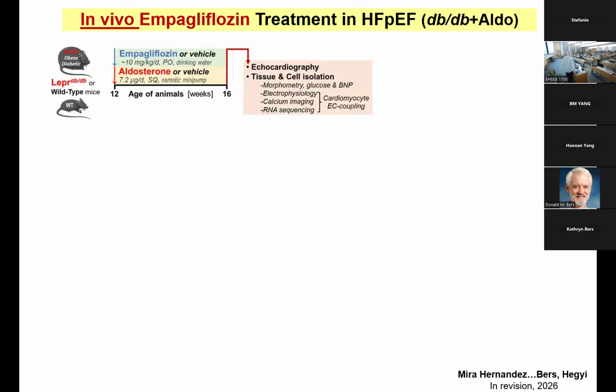Okay, so how about empagliflozin? I teased you before today. We did those acute experiments and showed pretty dramatic effects on isolated myocytes, which, as far as we know, do not express any SGLT2. So these are off-target effects. And so far, we think they're good off-target effects, and I think other people have found similar things in other contexts.